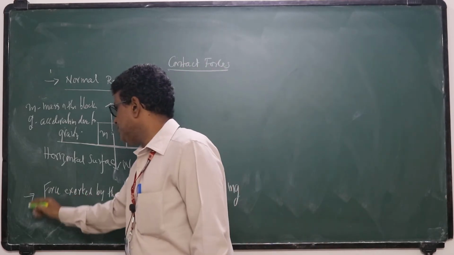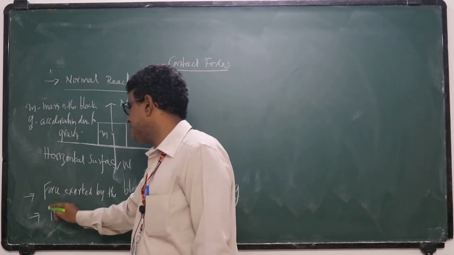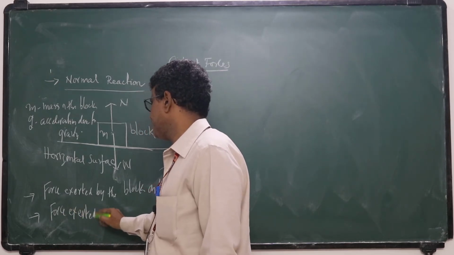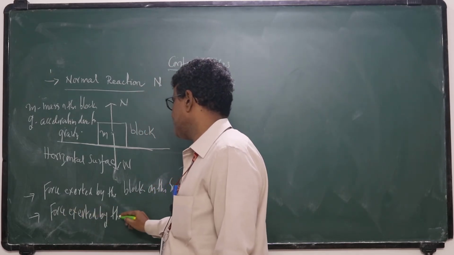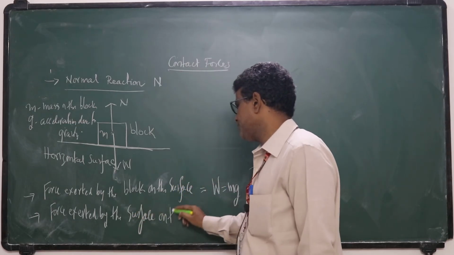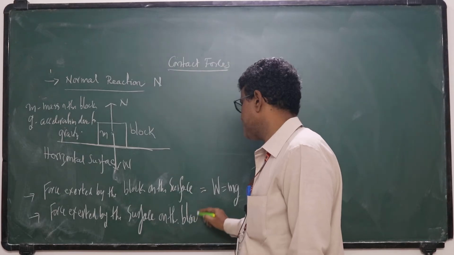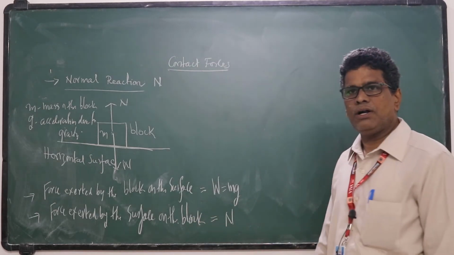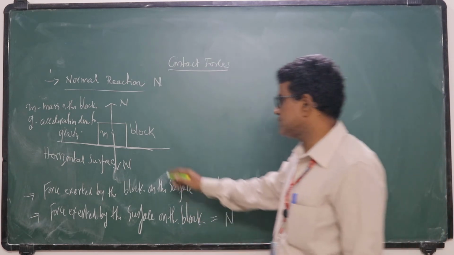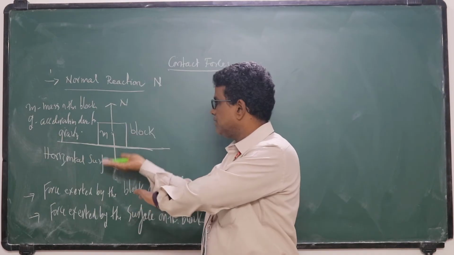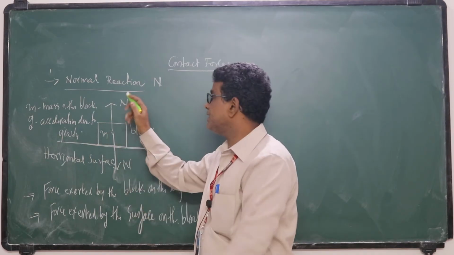Next, the force exerted by the surface on the block is N. That is called normal reaction. The horizontal surface exerts a force on the block vertically up.